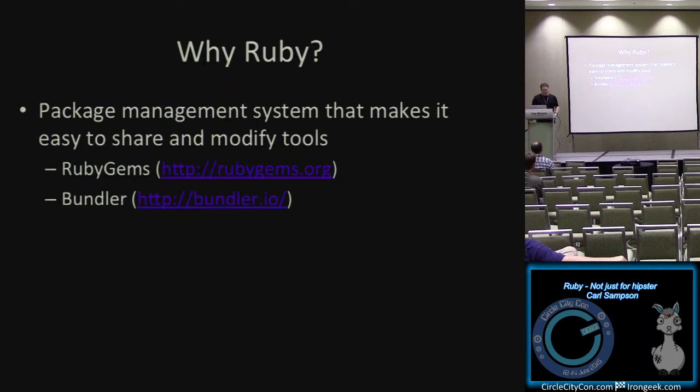It also has an awesome gem called Bundler that allows you to list the gem dependencies of your application, so that when you download a Ruby app, you can just do bundle install, and it will figure out everything it needs and download and install them for you, which is really nice.